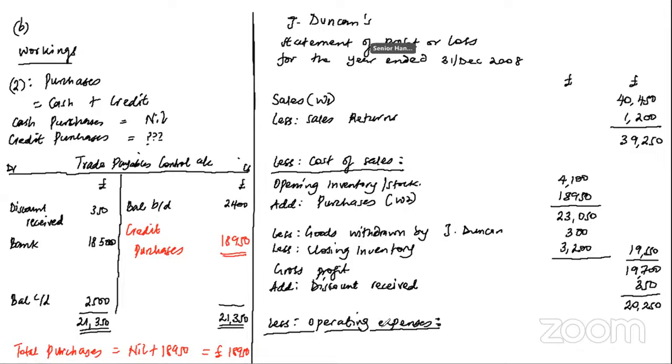Under the operating expenses, of course, we can start with our bad debts written off. Don't forget. Bad debts written off, that was a 400. That is a 400 from the additional information.